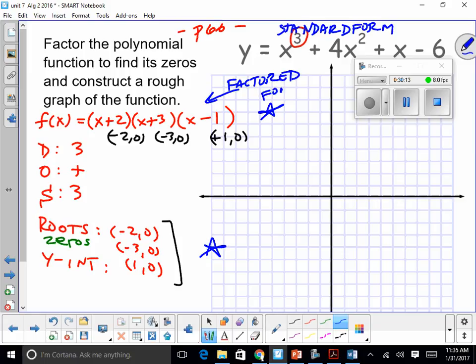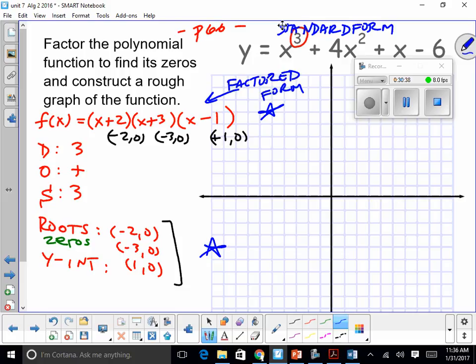But it says F. No, they're both functions. It's just what form did they write the function in? Did they write it in factored form? Roots are the dots on here. So if I were doing this here, -2, -3, just put them in red.